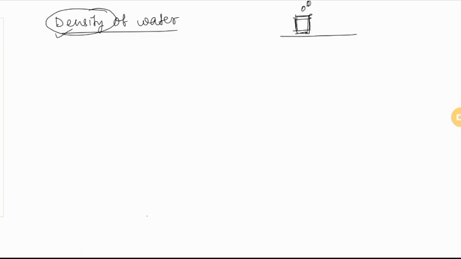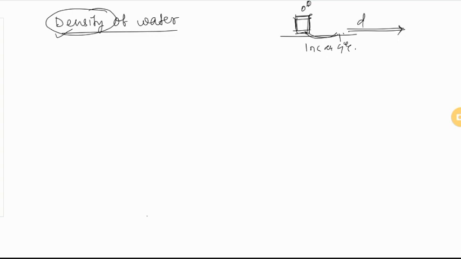We started it melting and it comes to 4 degree centigrade. Now during this process, its density increases. After 4 degree centigrade, when it is further heated, its density decreases.